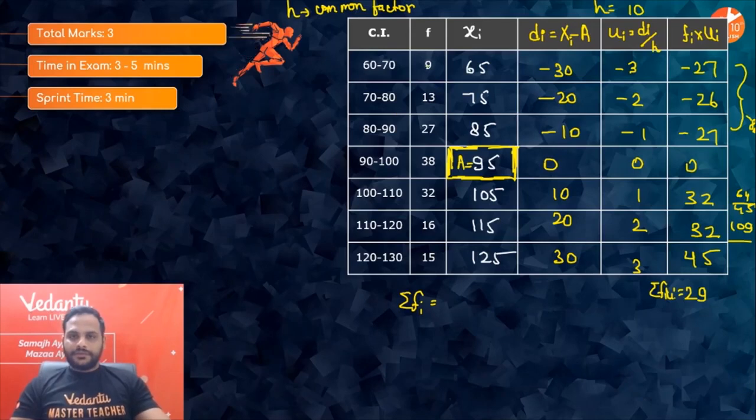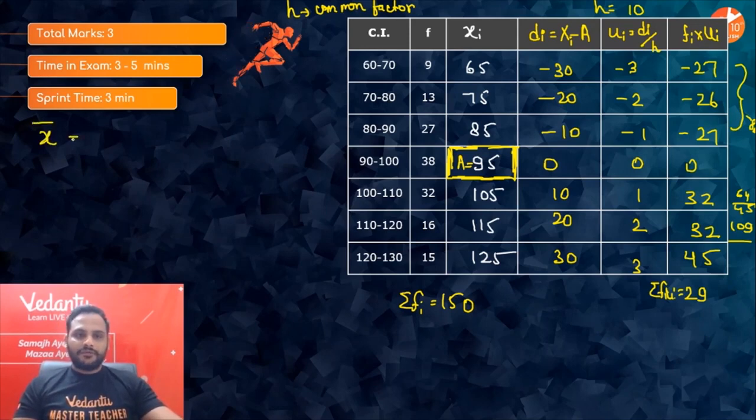So we have 9 plus 13 is 22, 22 plus 27 is 49, 49 plus 38 is 87, plus 32 is 119, plus 16 is 135, plus 15 is 150. Done.